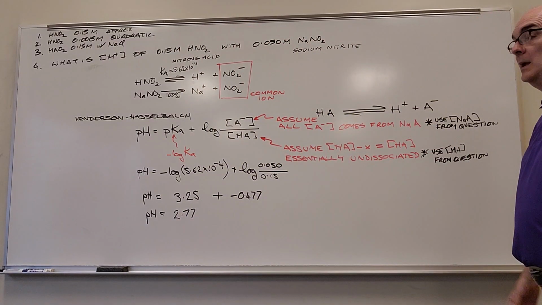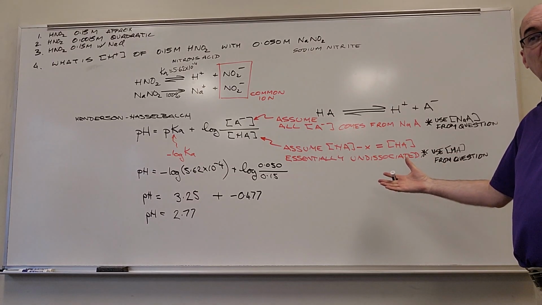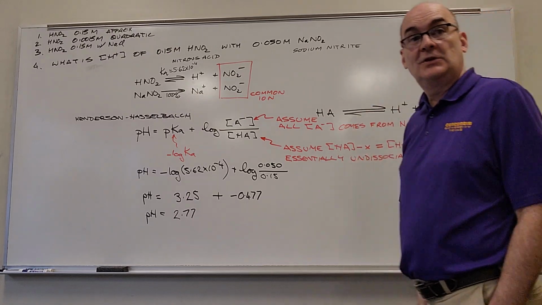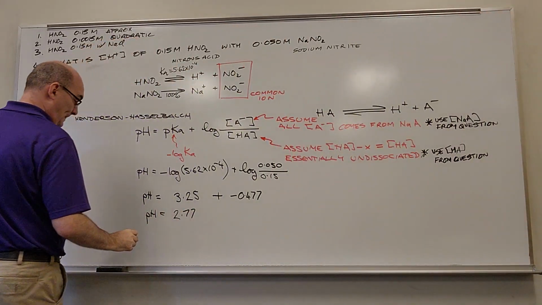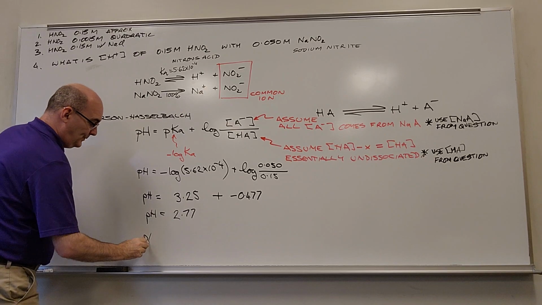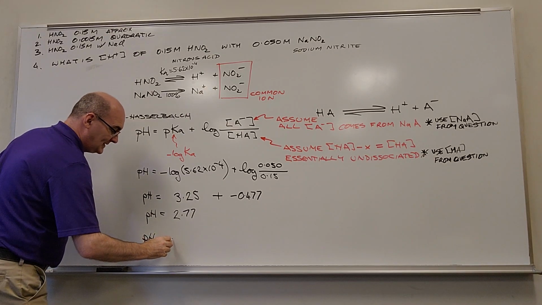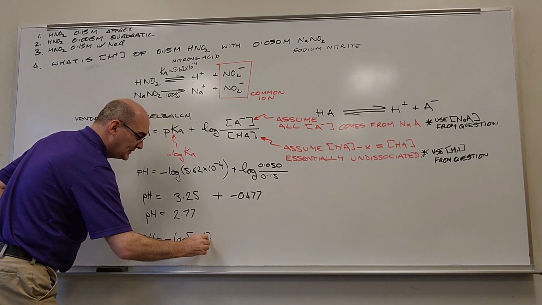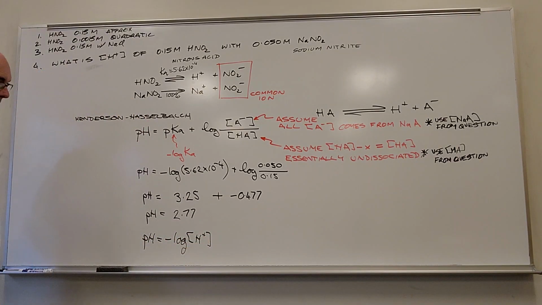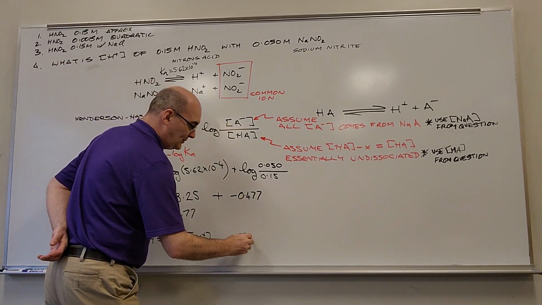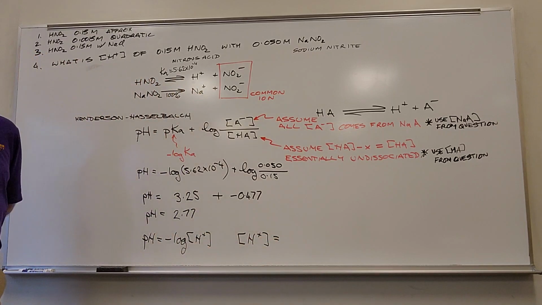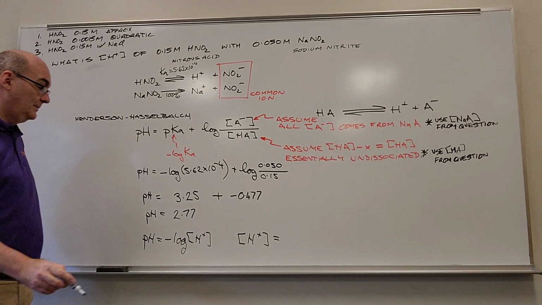That's pH. We've always found pH by finding H plus first. Now we're being asked to do it the other way. pH represents the negative log of the H plus concentration. So for H plus, find the log button on your calculator and do the inverse of it.